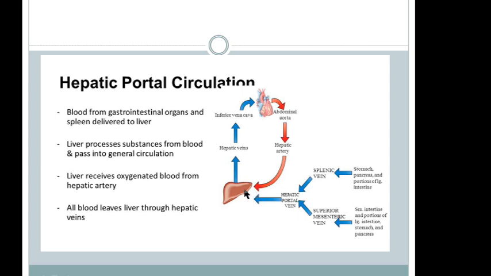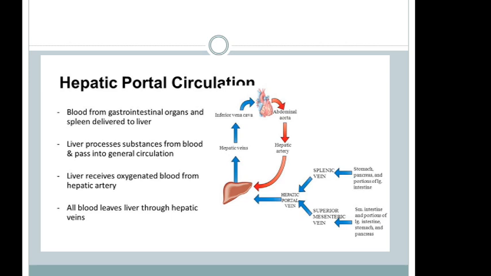So the liver receives 25% of its blood through the hepatic artery and 75% through the hepatic portal vein. The hepatic artery and hepatic portal vein enter the liver, and the liver contains sinusoids in between the hepatocytes. Blood enters the sinusoid. In the sinusoid, oxygen and nutrients are absorbed, and carbon dioxide and other waste products are released into the central vein, which is the center of the lobule.